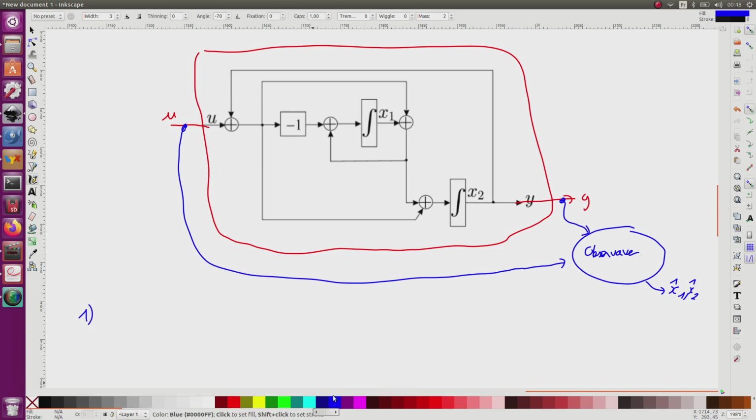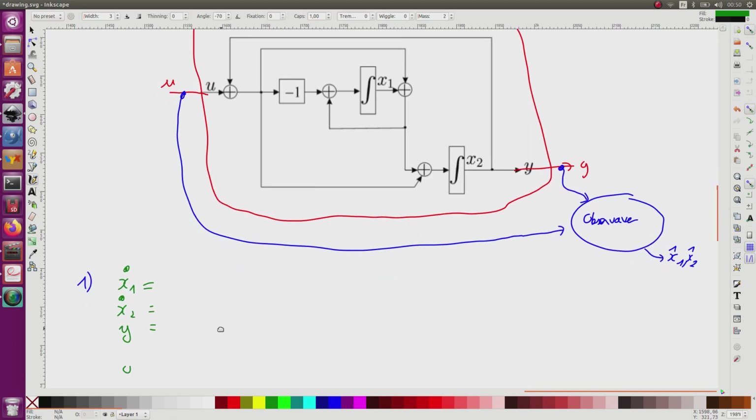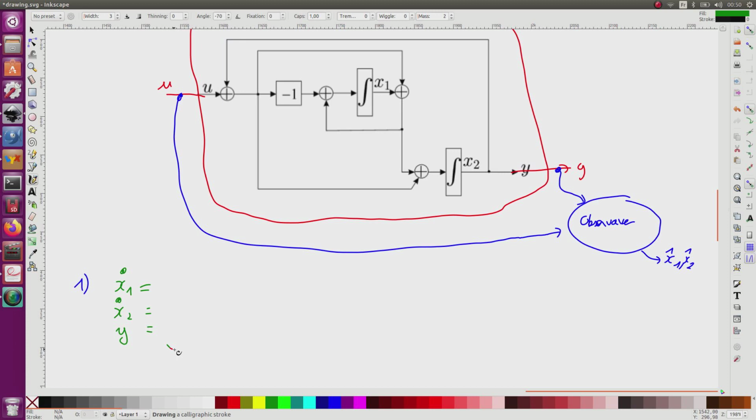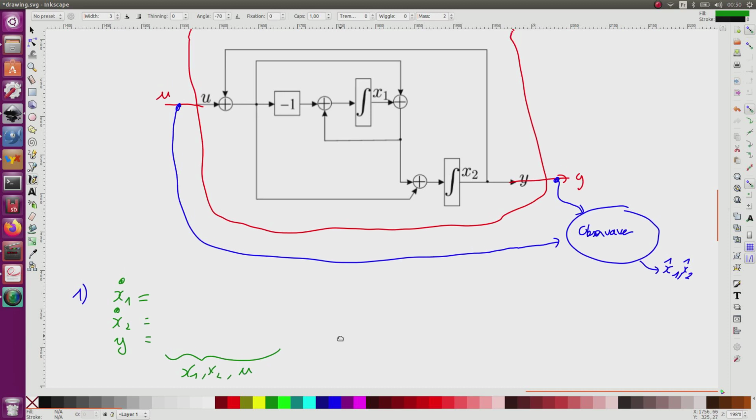So for this we have here the state, and I have to express x1 dot, x2 dot, and y as a function of the state itself, x1, x2, and u, the input of the system.